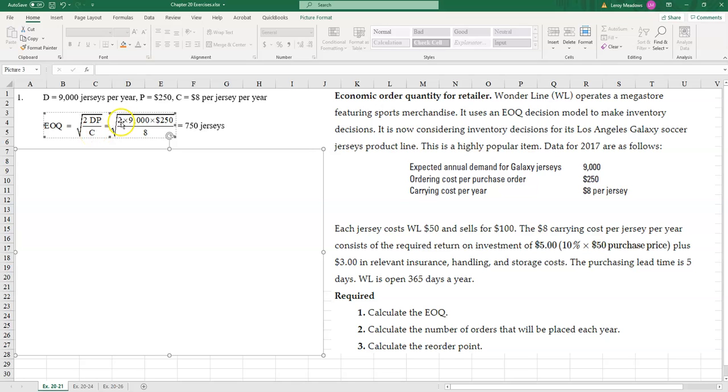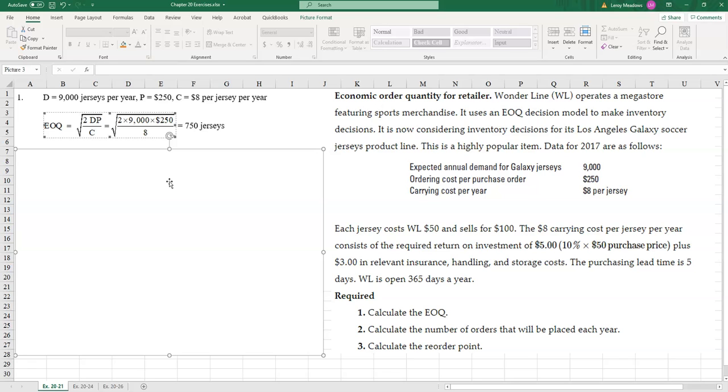So, the square root of 2 times 9,000 times 250 divided by 8. And when I do that, I should get 750 jerseys. That's the number of jerseys I'm going to order each and every time that I make a purchase.